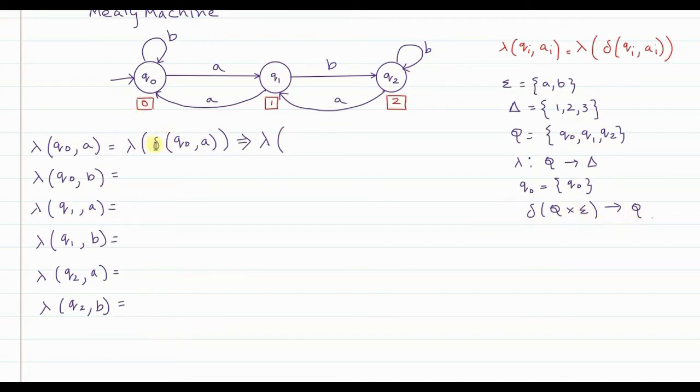So what is the transition from state Q0 on A? From Q0 on A, it goes to the new state Q1. So del of Q0 A gives you the state Q1.